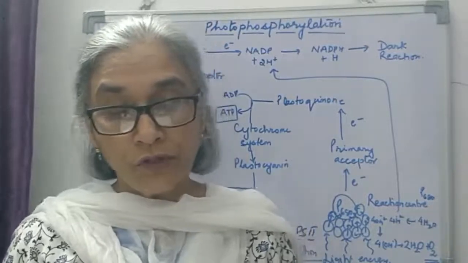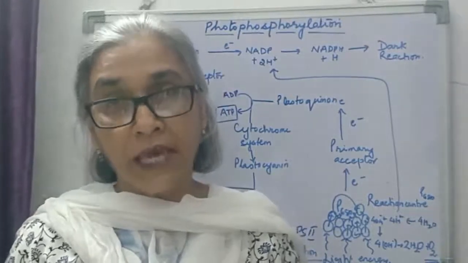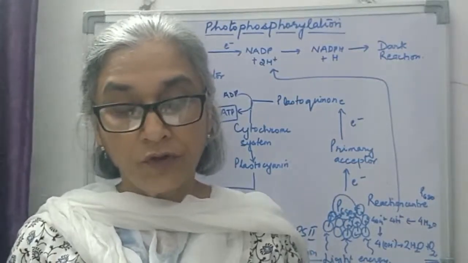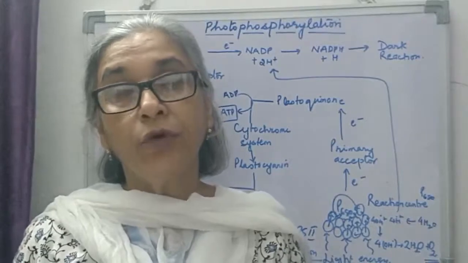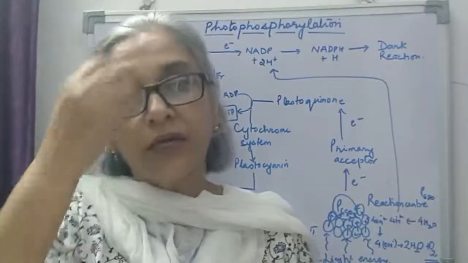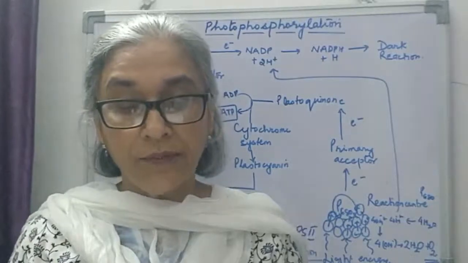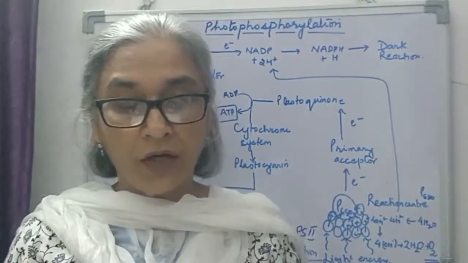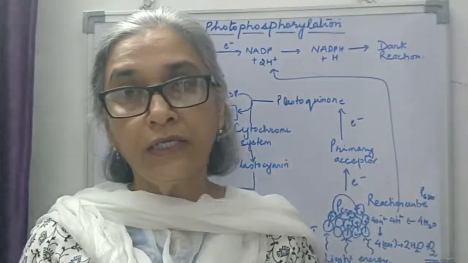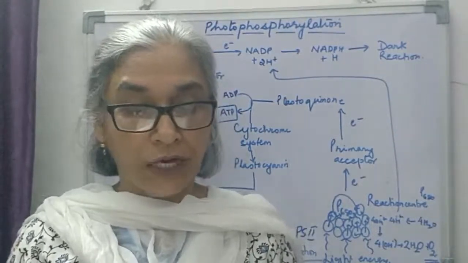Photophosphorylation involving the cyclic electron transport system is called cyclic photophosphorylation. That is when only photosystem 1 is functional. The electron is circulated within the photosystem, and the phosphorylation occurs due to cyclic flow of electrons. In that case, we call it cyclic photophosphorylation.